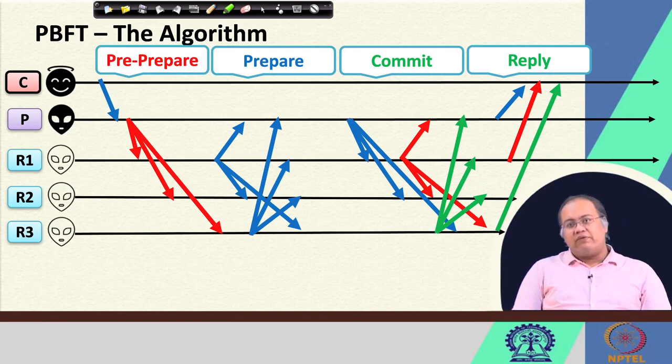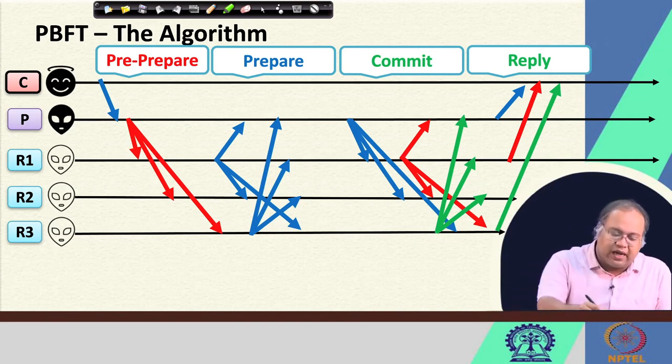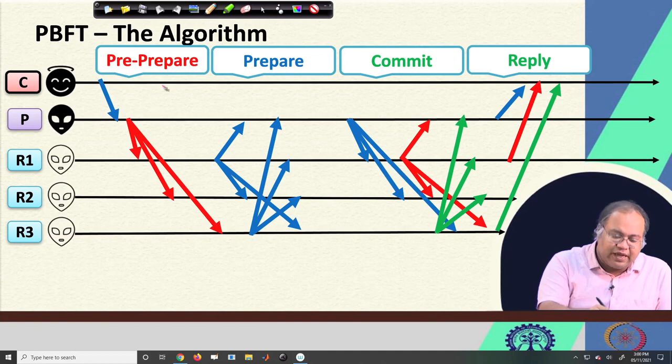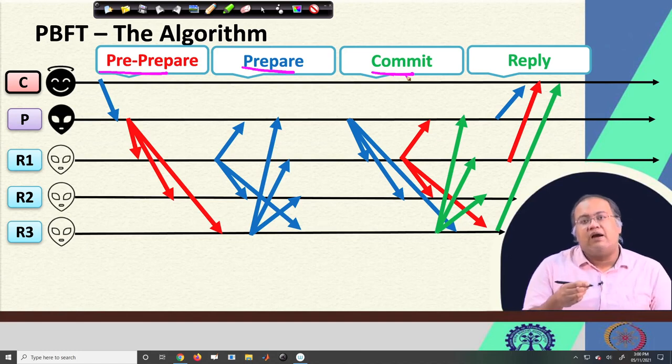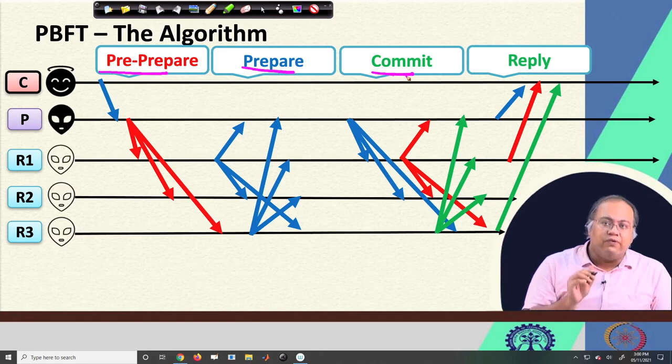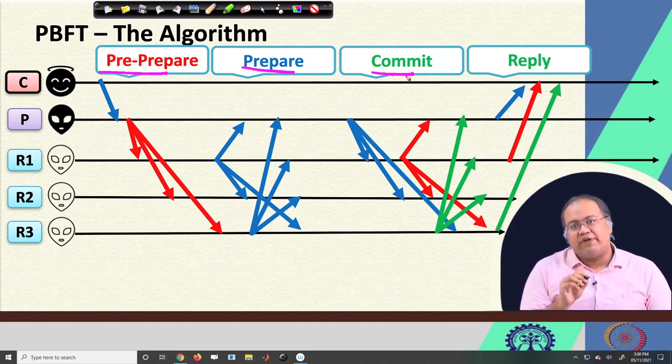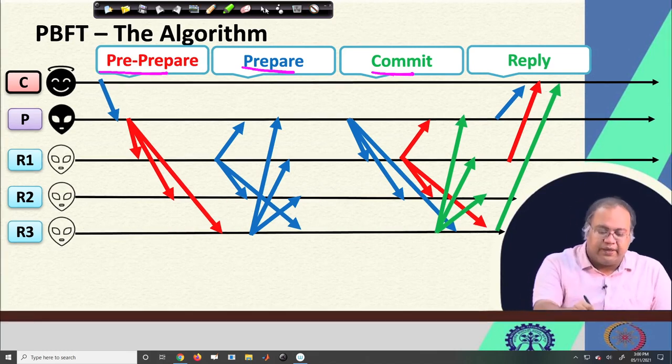So, the three rounds of PBFT are pre-prepare, prepare and followed by commit. Now, we are going to look into how safety and liveness are ensured in these three rounds of the PBFT algorithm.